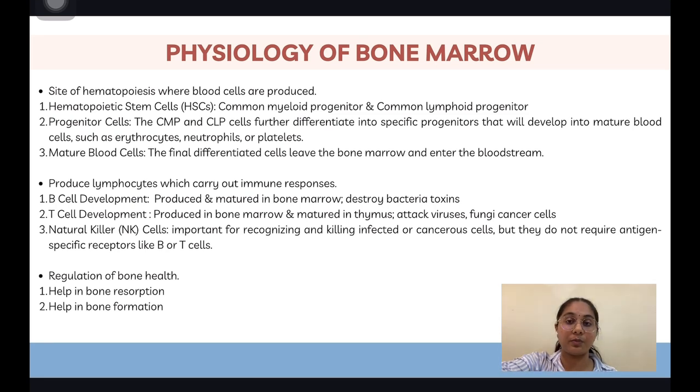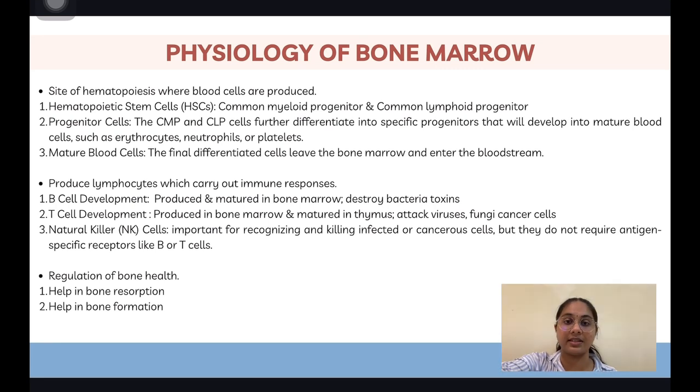These further differentiate into specific progenitors that will develop into matured blood cells, such as erythrocytes, neutrophils, or platelets. The final differentiated cells will leave the bone marrow and enter the bloodstream.